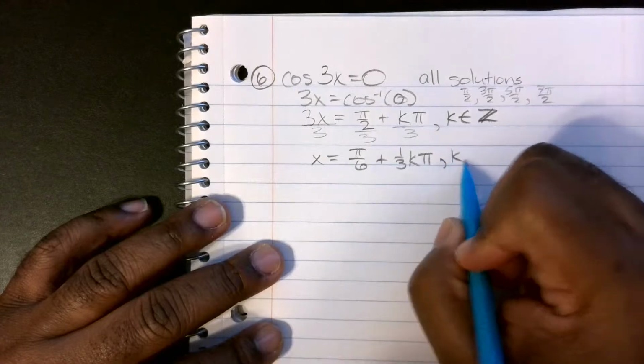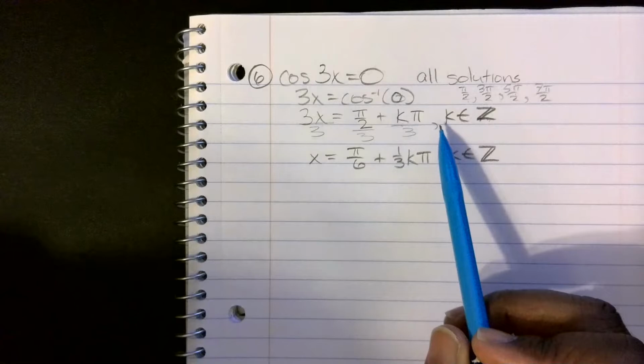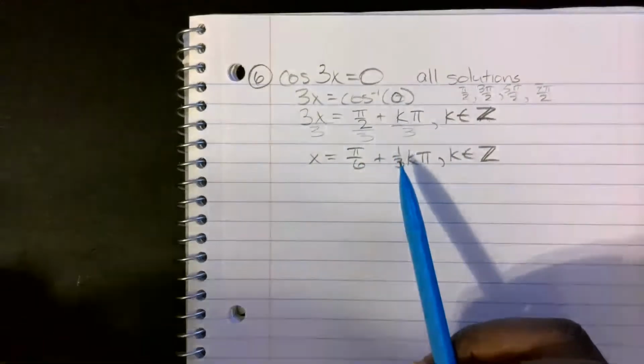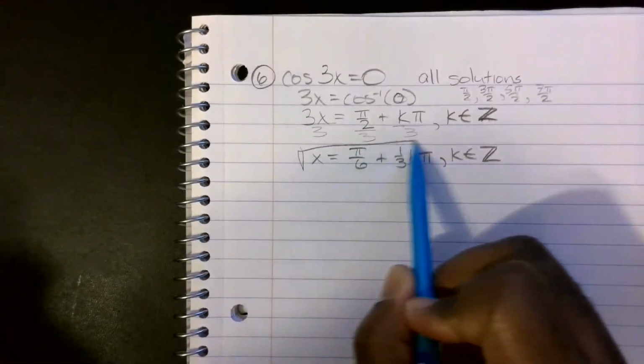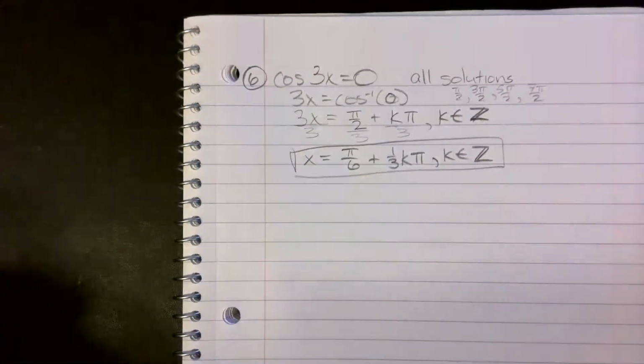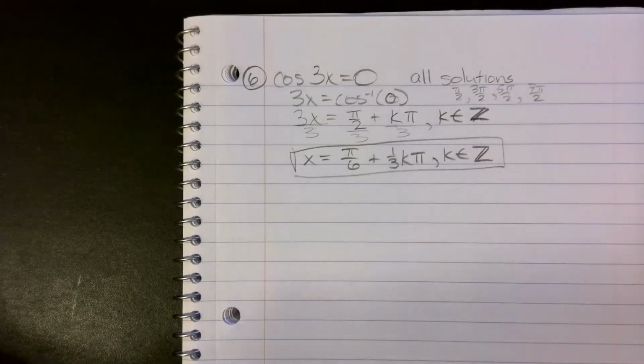And k is still an integer. This doesn't change. So I solve it and then I have to divide it by 3 to make sure that I cover everything. So this is our x. I hope that was clearer than mud. Like I said, I feel like I'm giving a lot of words, but I'm hoping that it helps.